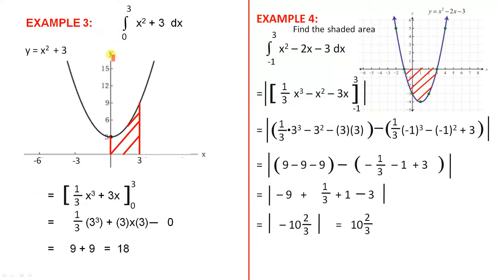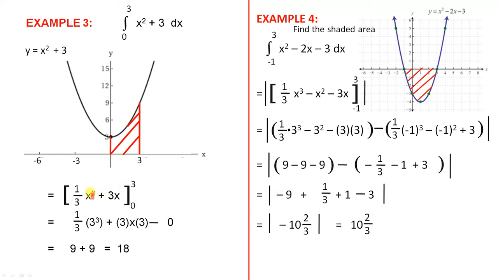Example 3. We are asked to find the area between the curve y equals x squared plus 3, between x equals 0, x equals 3 and the x-axis. So there it is, that's what we're asked to do. If we integrate x squared plus 3, that gives us a third x cubed plus 3x, and here are the limits.